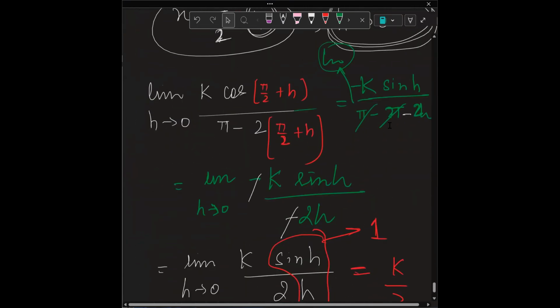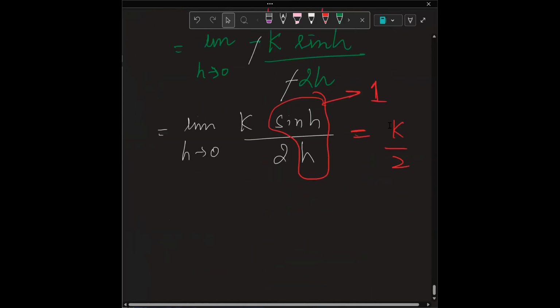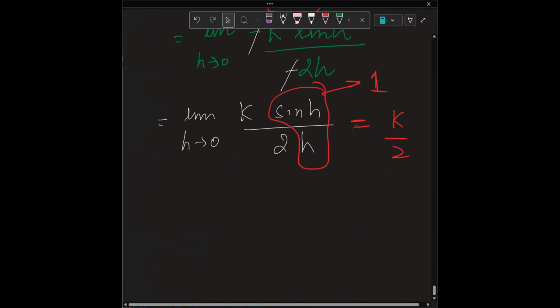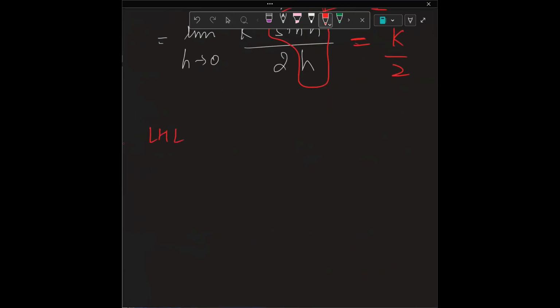So you are getting k by 2. Now see, at your function value you have 3. So according to continuity, your LHL must be equal to your function at that particular x, pi by 2. This is not actually LHL, this is the limit value, or you will say RHL value, because you have used x equals to pi by 2 plus h.